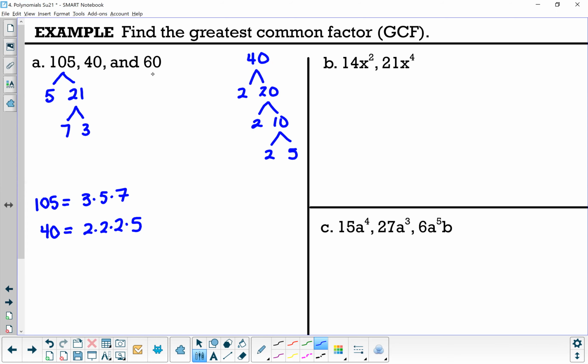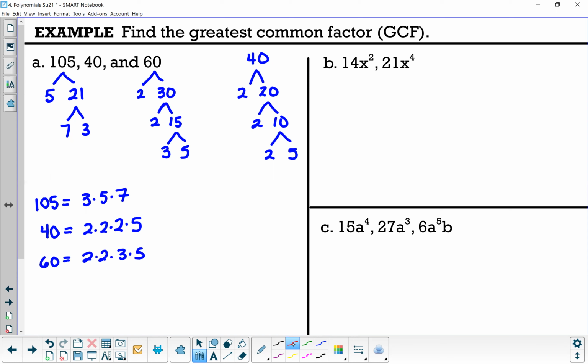And then if we do 60, we have 2 times 30. For 30, 2 times 15. And for 15, 3 times 5. So the prime factorization for 60 is 2 times 2 times 3 times 5.